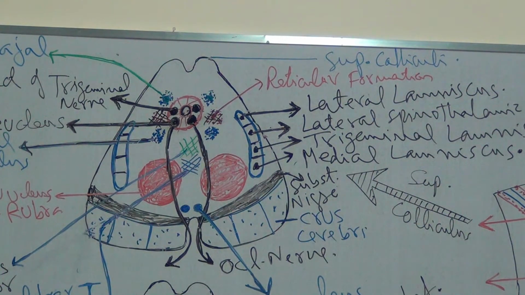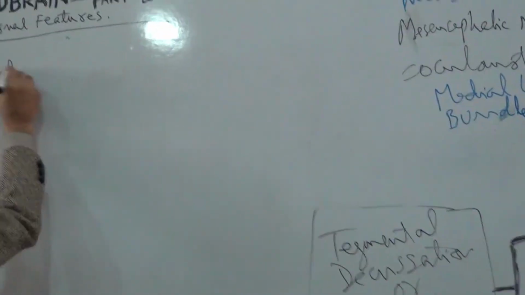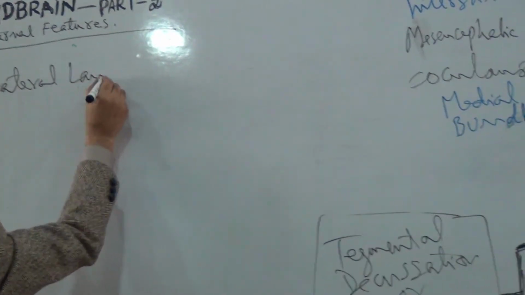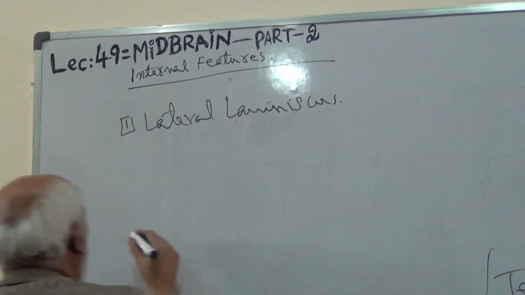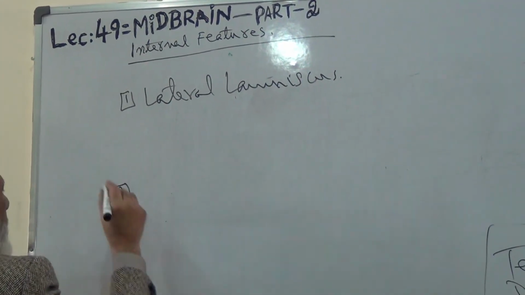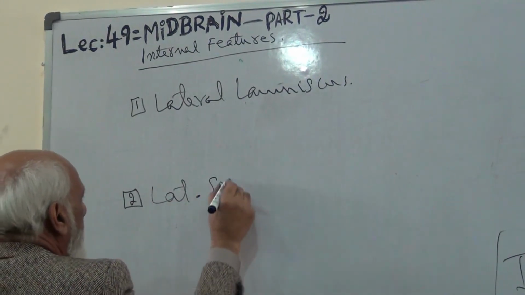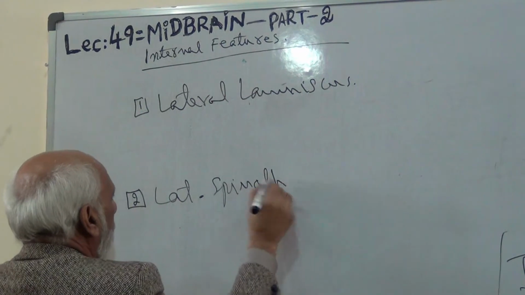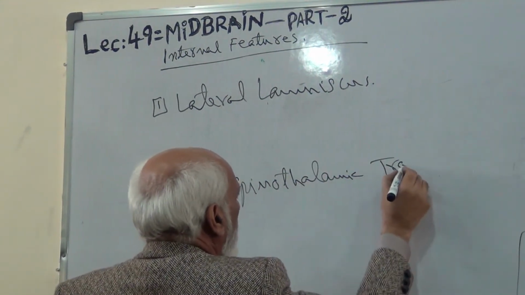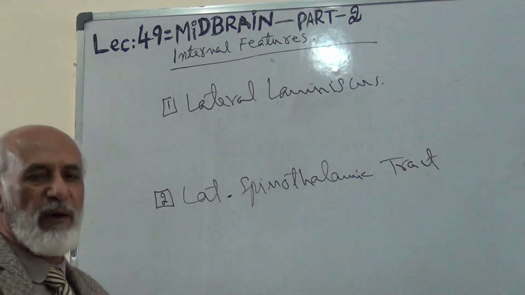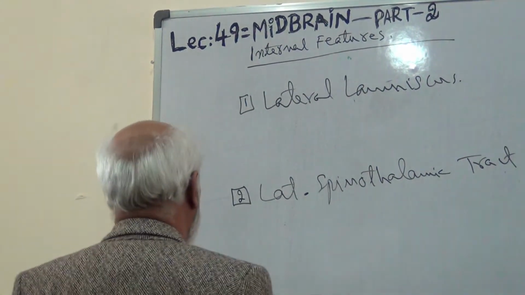Now, what are the functions of these tracts? Number 1, lateral lemniscus. The lateral spinothalamic tract, or lemniscus, is simply known as the spinal tract.